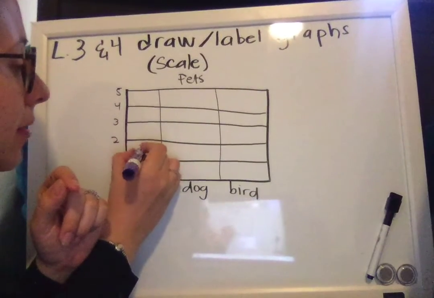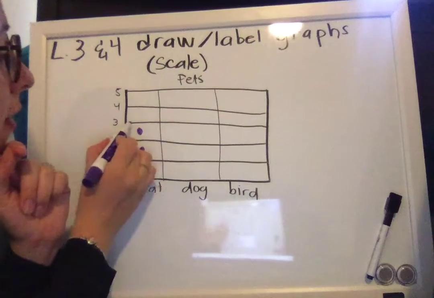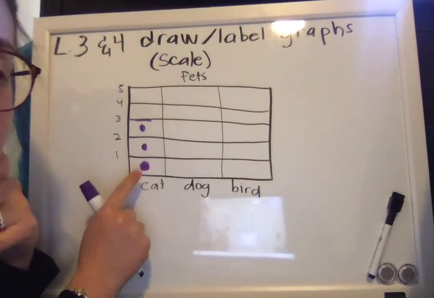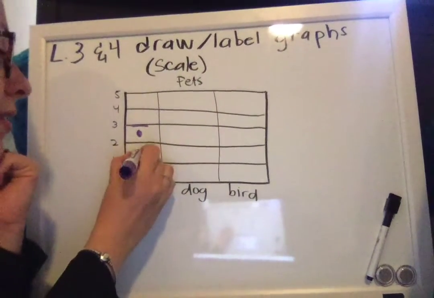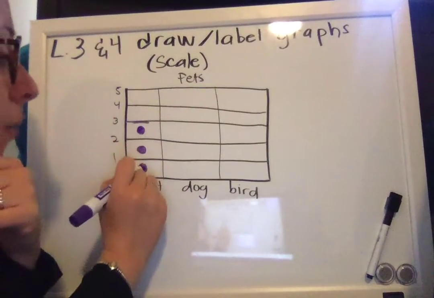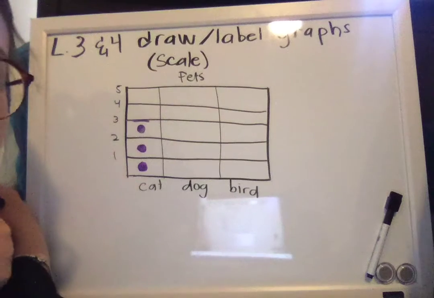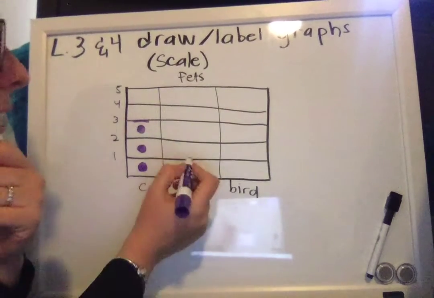But right now, I'm just going to tell you how many. So there's up to line number 3. So 3 of my students wanted a cat, okay? And this circle means that one person wanted that cat.